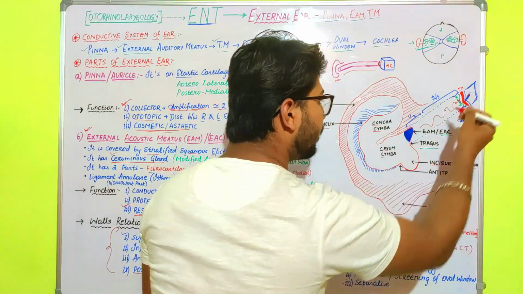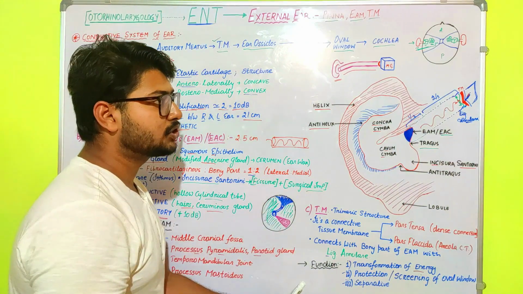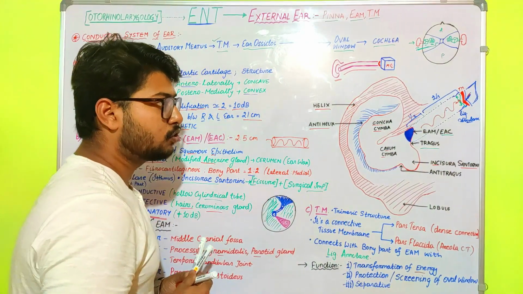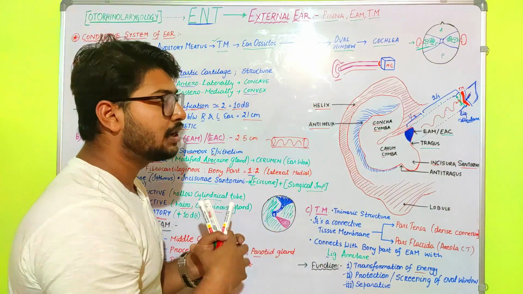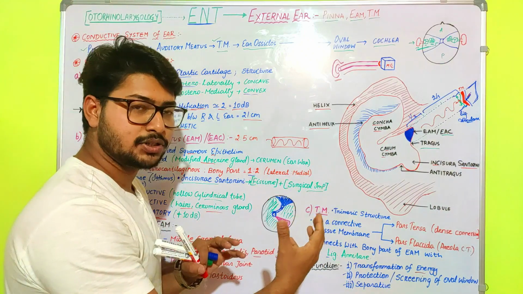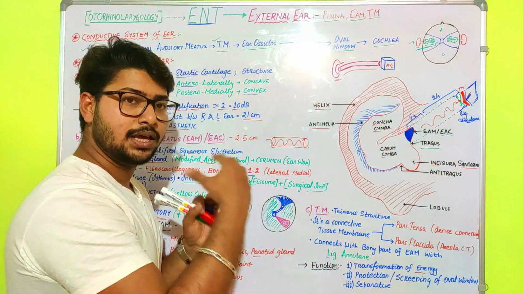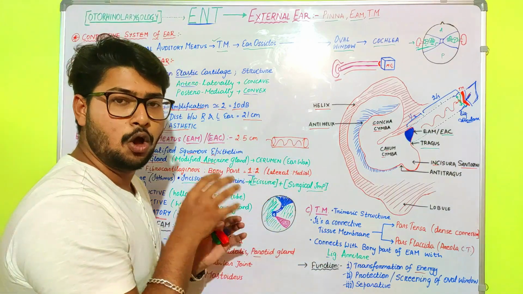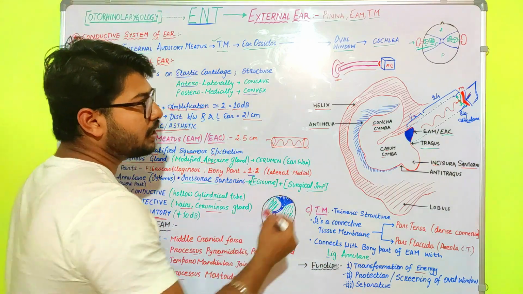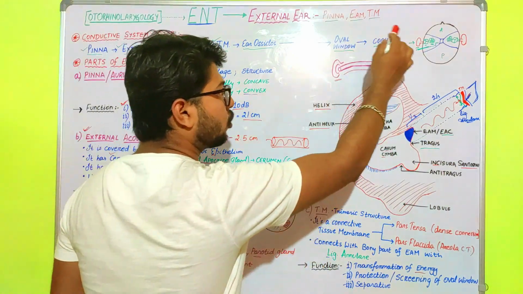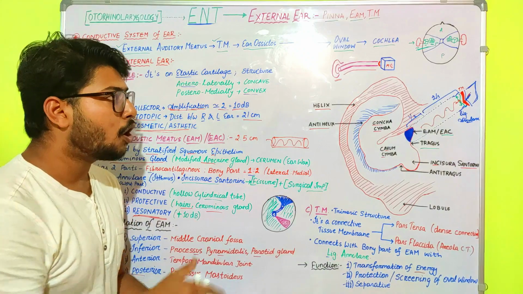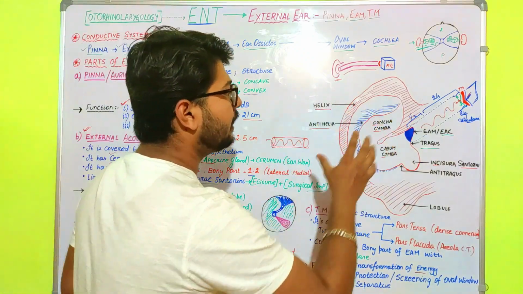Due to vibration of the tympanic membrane, the vibration will pass along the ear ossicles, and the same vibration will pass from the ear ossicles and beat the oval window. And finally, we are going to see the same vibration in the cochlear fluid. All of this we will see in the middle and inner ear.